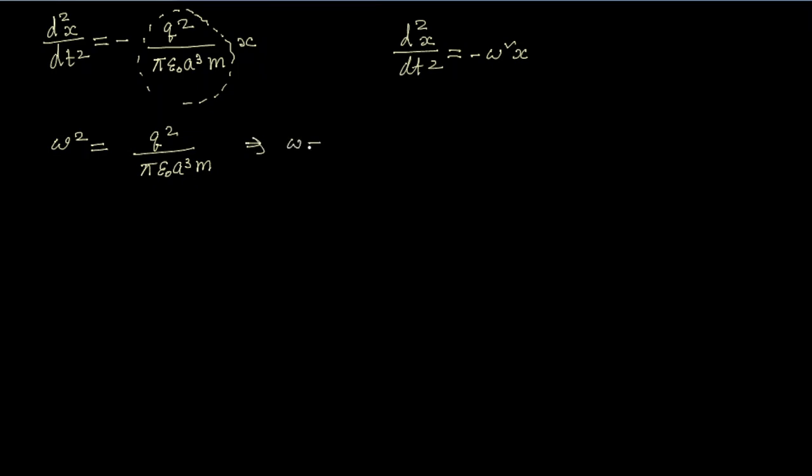So omega is equal to the square root of q square divided by pi epsilon naught a cube into m.